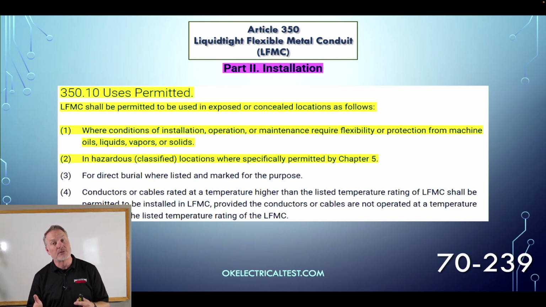When we get into Chapter 5, these are special occupancies. Some of those special occupancies are hazardous locations, gases in the air, dust in the air, fibers in the air. They're saying we can go ahead and use LFMC in that circumstance as long as it's specifically permitted in that application. So there's a lot of nuance that we'll deal with when we get there.